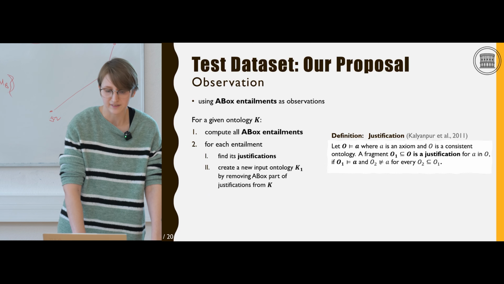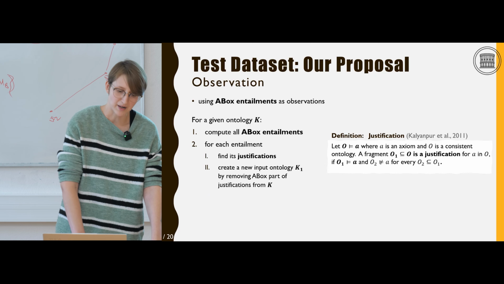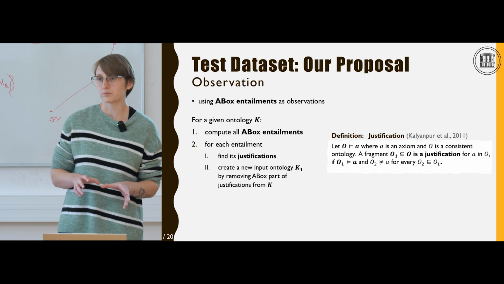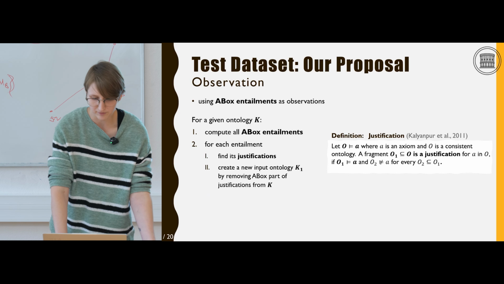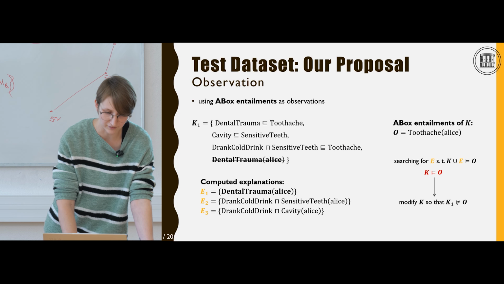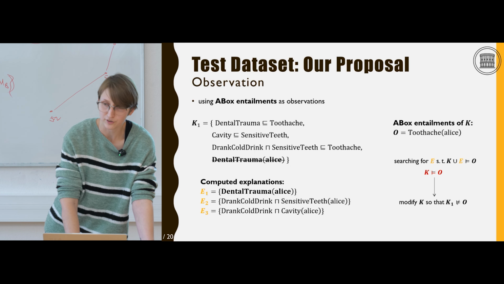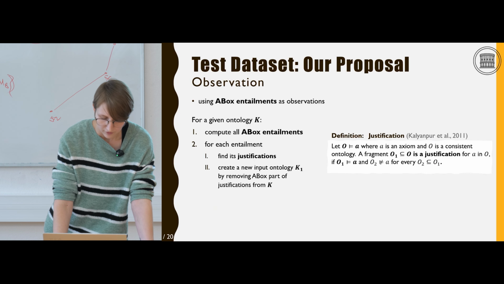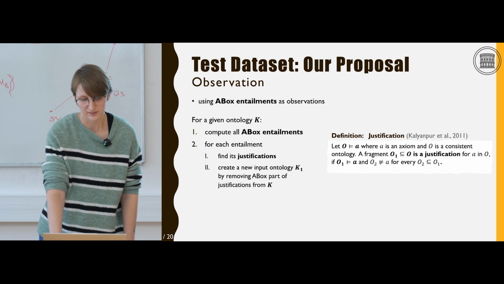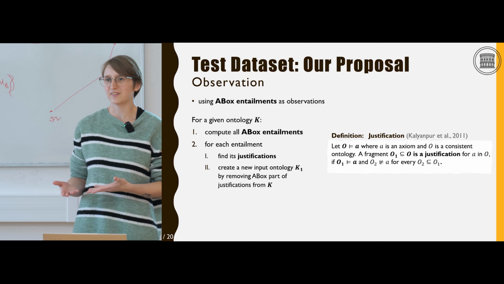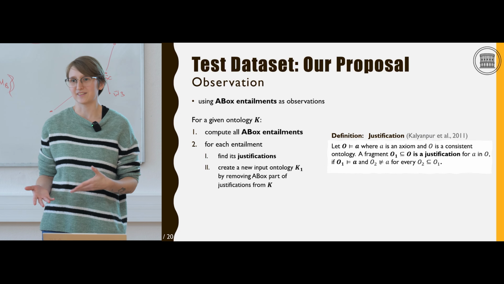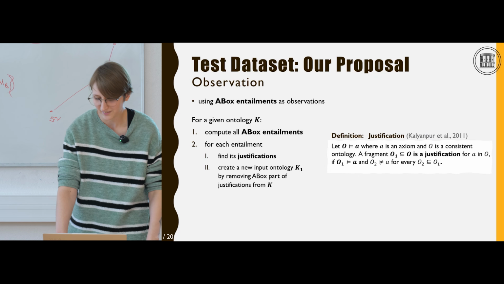And then we create a new ontology by deleting an ABox part of those justifications. As we saw in the example before, we deleted an ABox axiom. And in this way we can, in theory, generate observations that have at least one explanation.